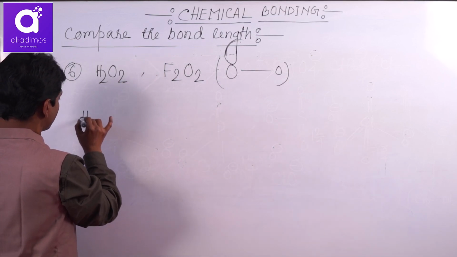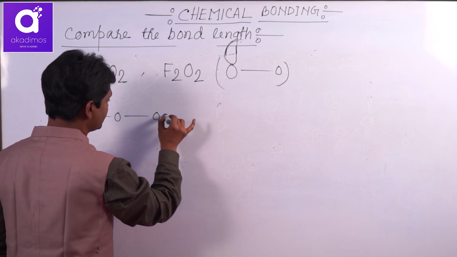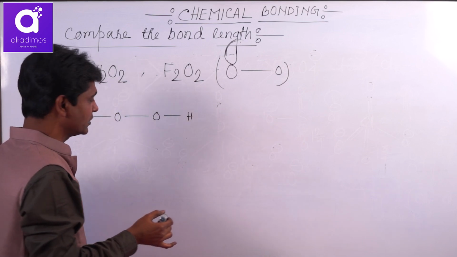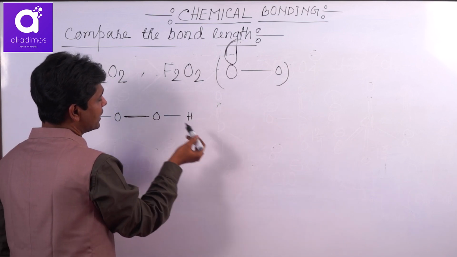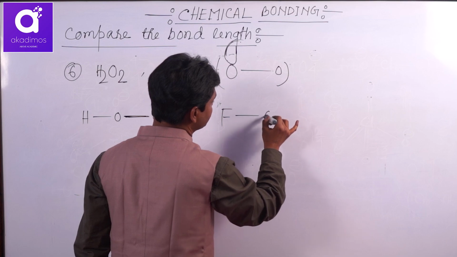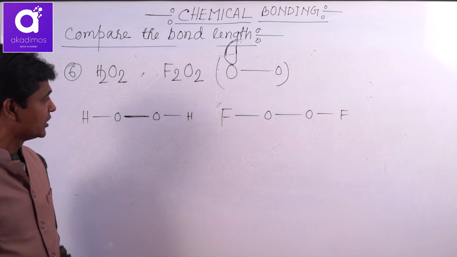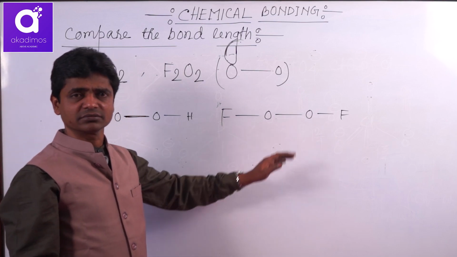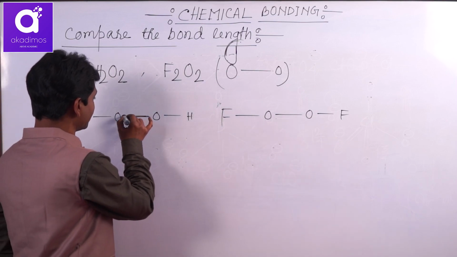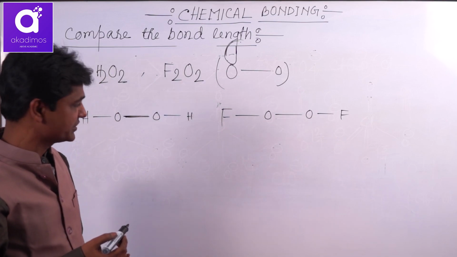See the structure of H2O2, this is H2O2. I'll compare this one with the F2O2 structure, which is this one. Now see, both have bond order 1, but their bond lengths are different. How will you compare it?